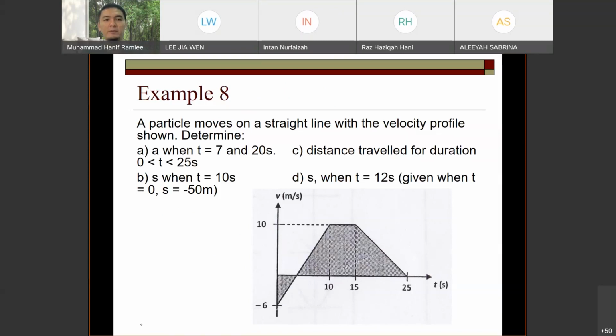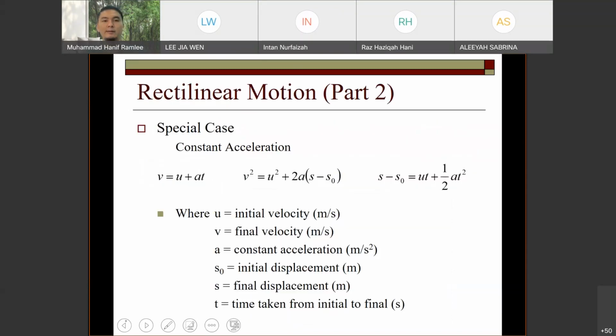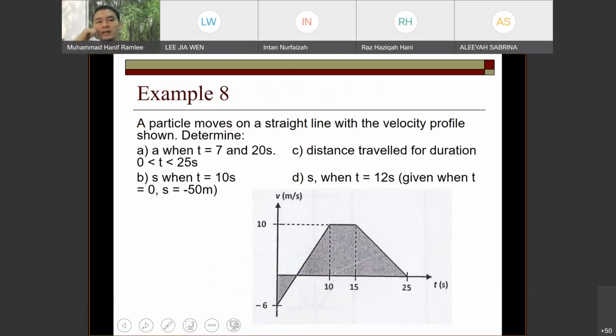But in this example 8, we will show you how to use these three formulae to get the answer for acceleration, displacement, distance travelled, and also the displacement when t equal to 12.